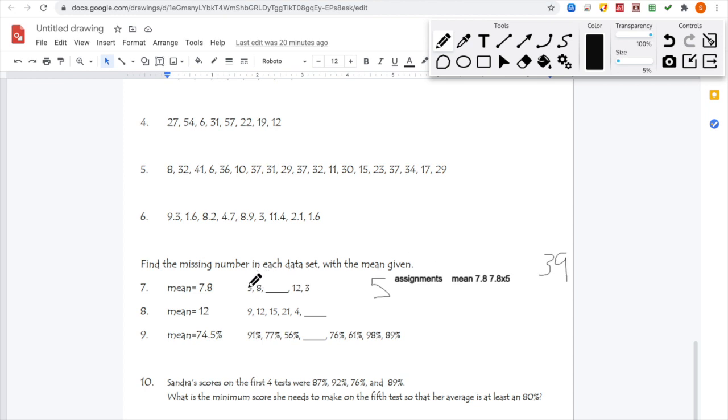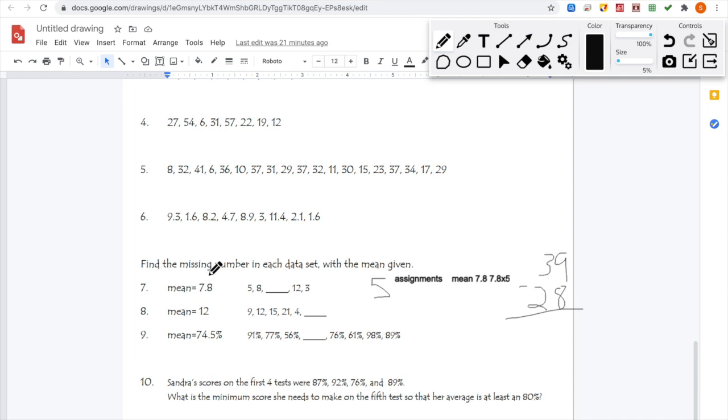Right now we've earned 5 plus 8 is 13, plus 12 is 25, plus 3 is 28. So right now we've earned 28 points, but to average this out over 5 assignments, we need to get 39.